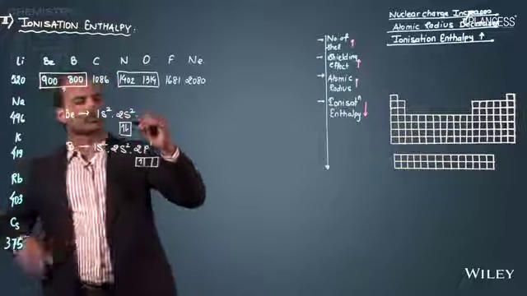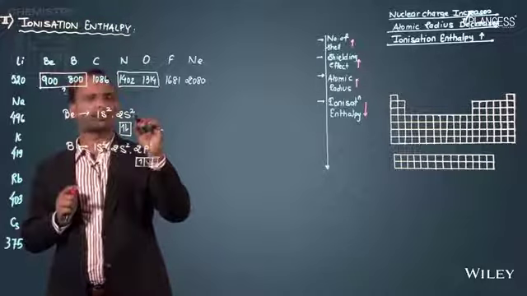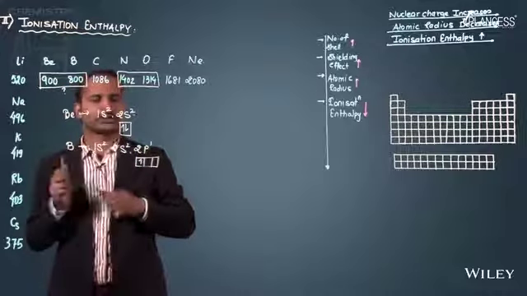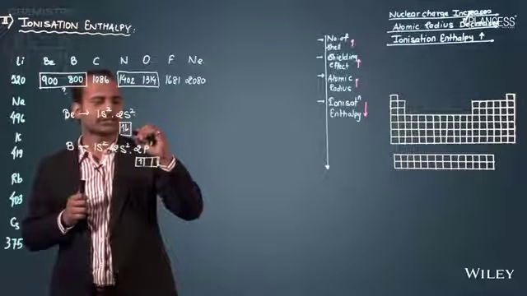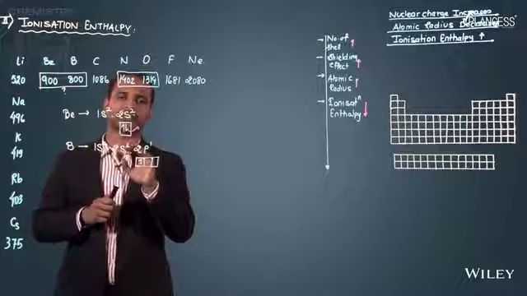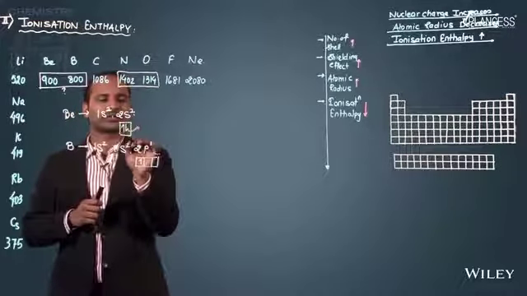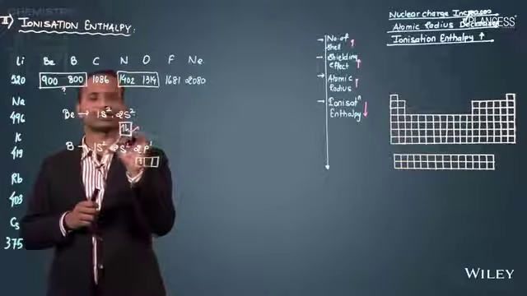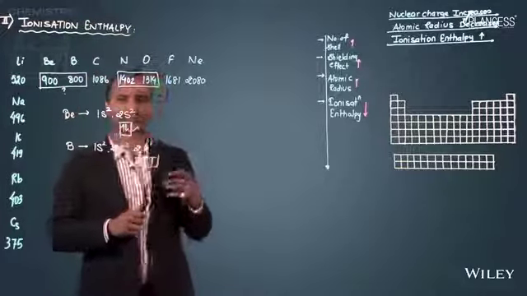If you want to remove the outermost electron of beryllium, that is the fourth electron, the removal will be difficult because it has an s2 configuration, a completely filled s orbital, which is stable.